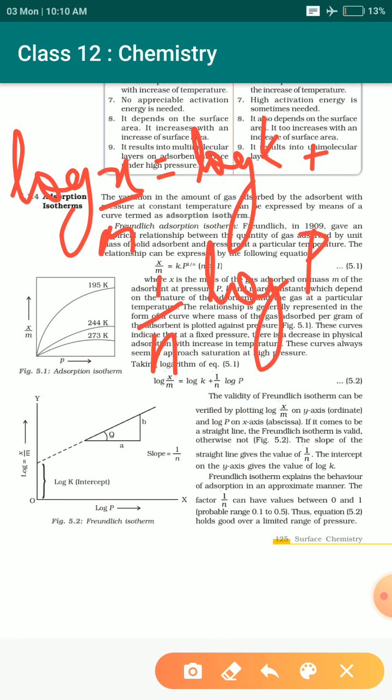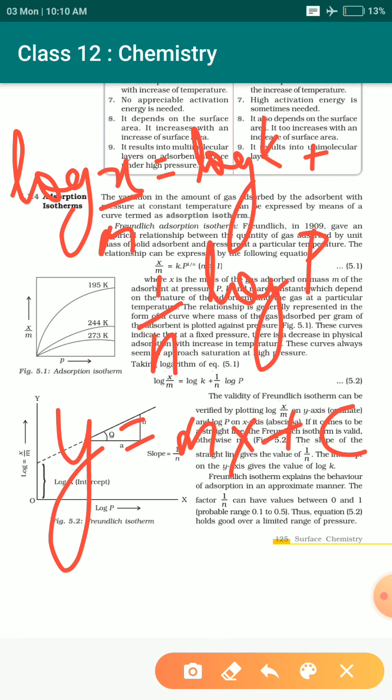Can you see some equation being shown here? Log x by m equals log k plus 1 by n log p. It is somewhat similar to what we had studied in maths about the slope intercept concept, y is equal to mx plus c, somewhat like that, right?